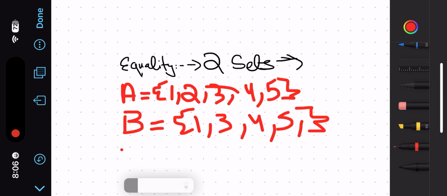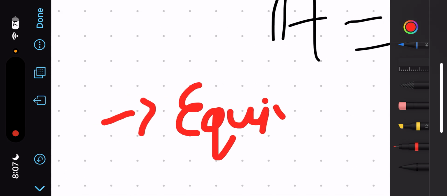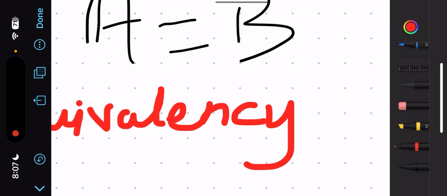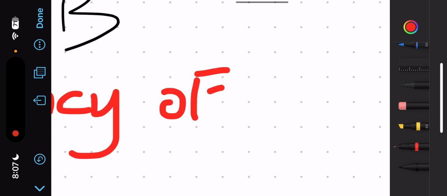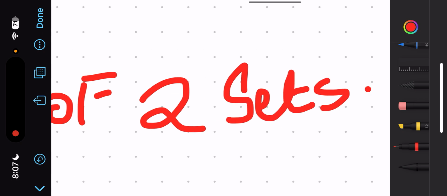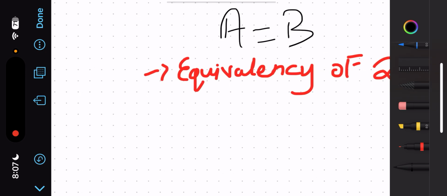Then we have equivalence of two sets. Let A and B be two sets.